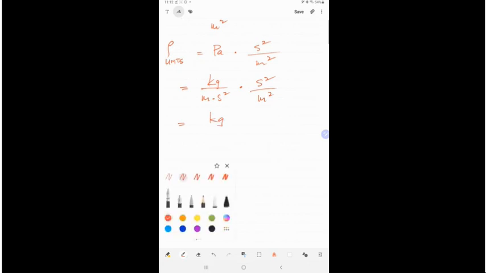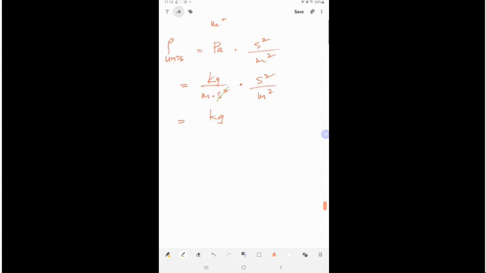Now if you look at the time units, we have a second squared in the denominator and a second squared in the numerator, so those both cancel out. And then the only other thing we have to account for are the meters. We have a meters times a meters squared, so meters times meters squared is meters cubed. And remarkably, we end up with the right unit here. These are density units: kilograms divided by meters cubed.